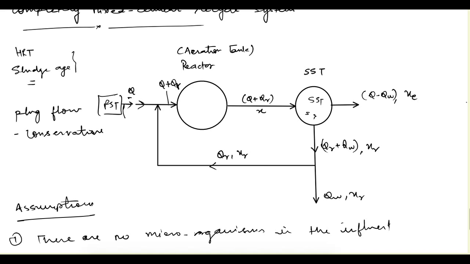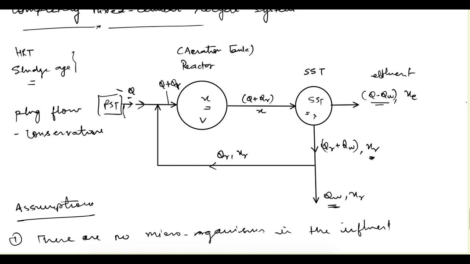So here Q is your waste flow rate, and X is the microbial mass concentration in this aeration tank, and V is the volume of this aeration tank. QW is the wasted sludge per day. This is QW here. So Q minus QW is your effluent, and QR is the return flow.